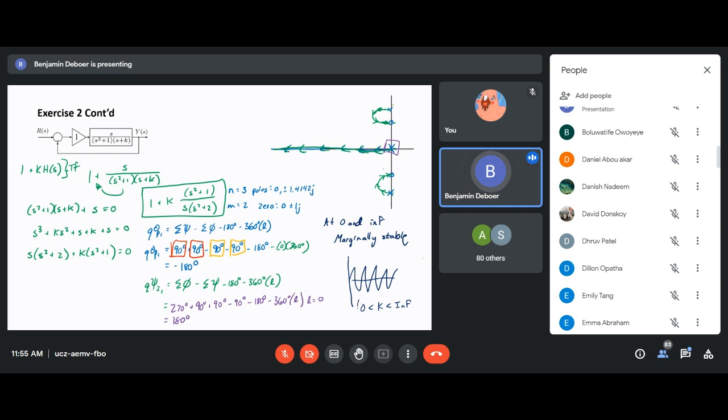Which is essentially, you'd only really detect this. And so that means if K is equal to 0, it's going to be marginally stable, meaning you're going to have constant oscillations. However, when you reach infinity of K, which you can never ever reach, you would technically also be marginally stable.